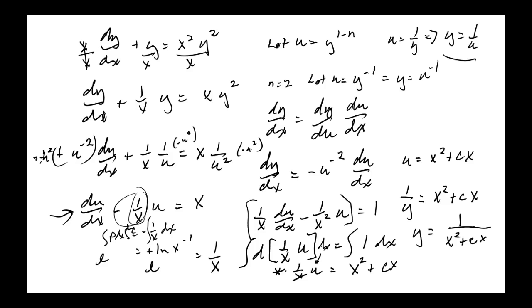Let's see if this agrees with the book. Y is equal to 1 over negative, a negative. Where did I lose my minus sign? I think from the derivative when you were taking the derivative.